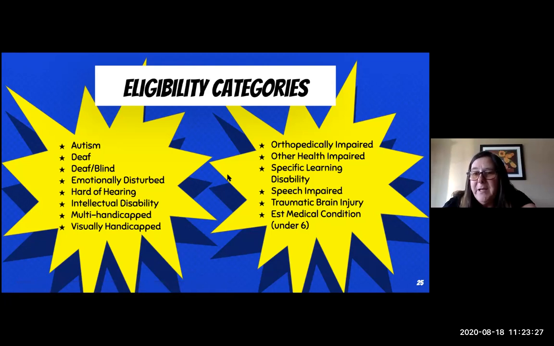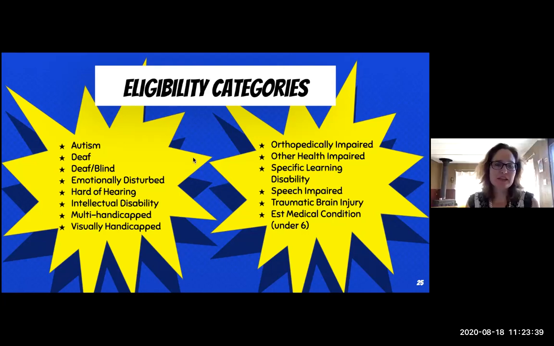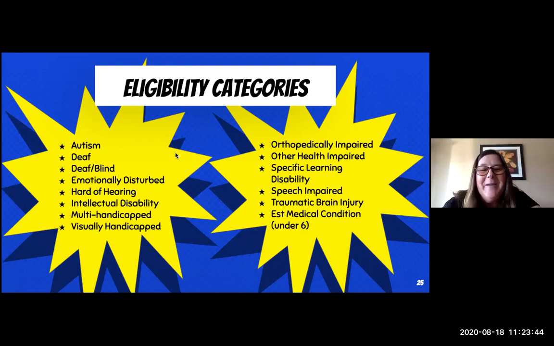There has to be a definite, oh my gosh, I've totally blanked on my words. I'm so sorry. That's okay. They need to meet the educational criteria for autism. Yes, they must have a deficit, and it must be preventing them from accessing their education.